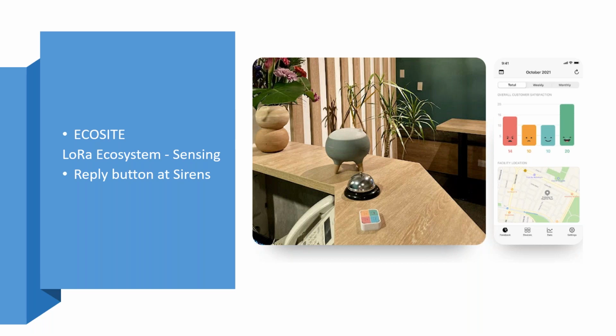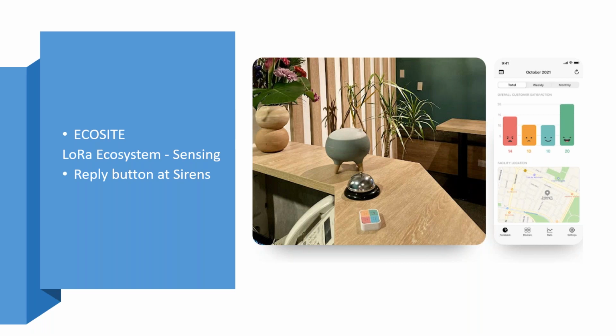But when you push the first button, the second button begins to flash, asking you, hey, did you leave your house to go to the safe place? When you push the second button, you say, okay, I'm away. The third one asks you, did you reach the safe place?